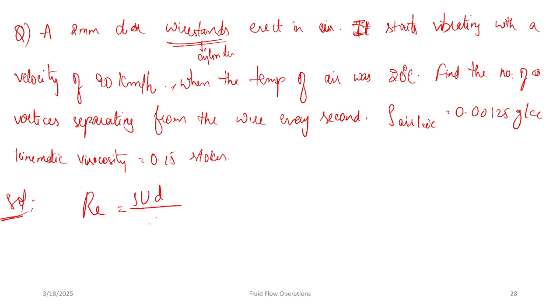It is UD by nu. Just substitute the values, and this should be around 3.3 × 10^3.